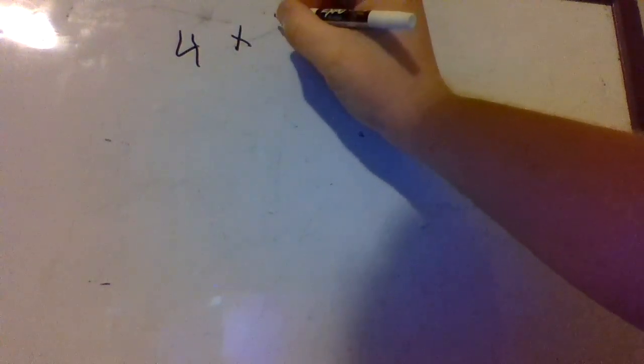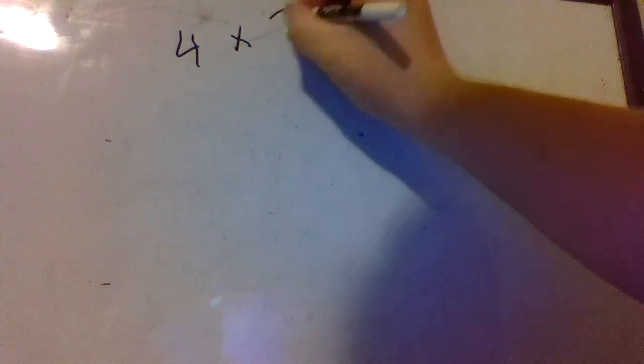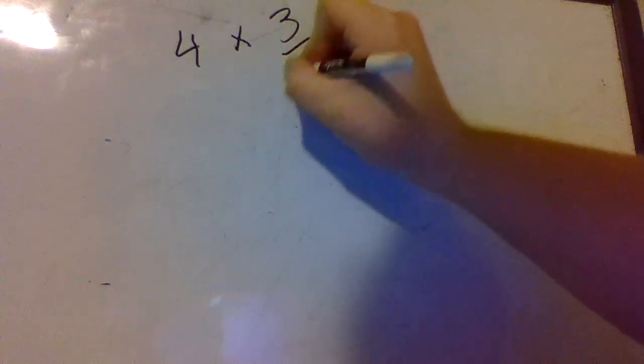Now, what if I have the whole number on the other side? So, for instance, we've got 4 times 3/4.